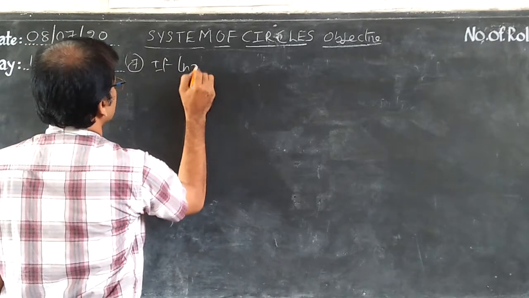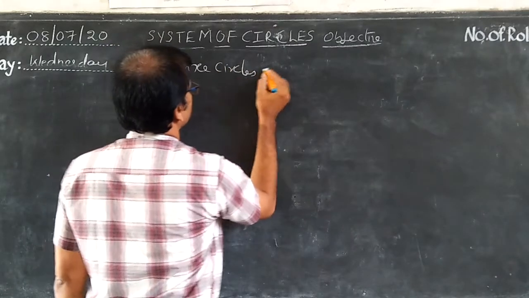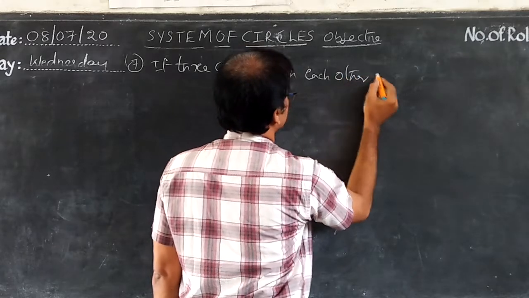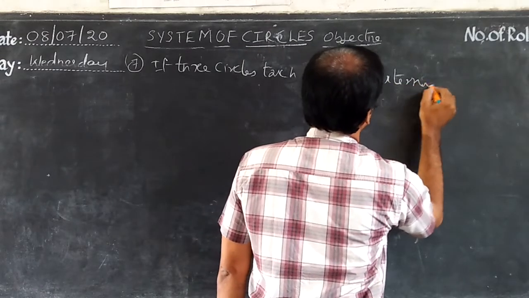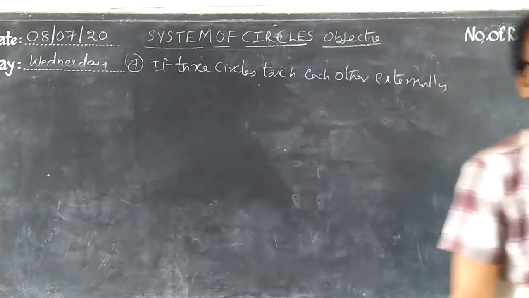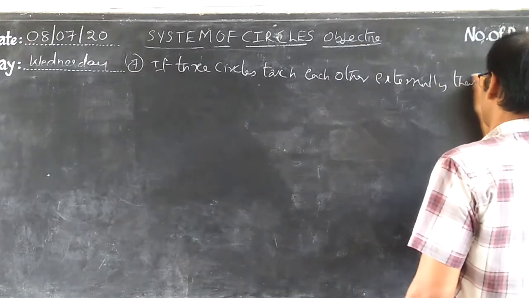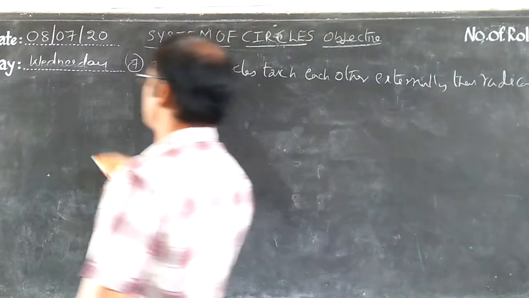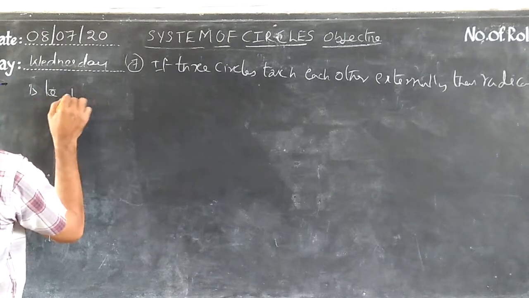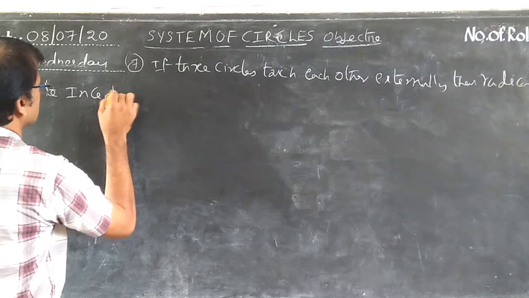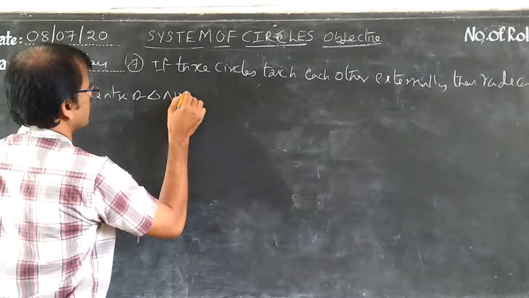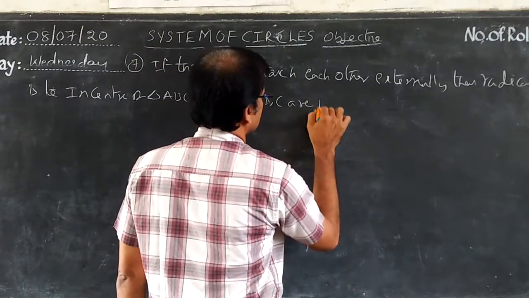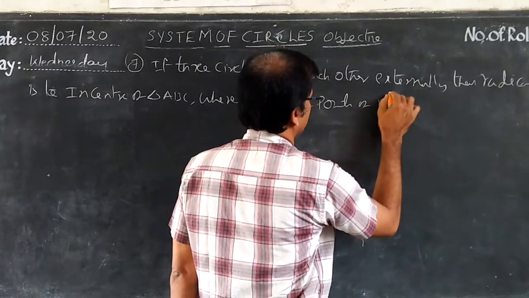If three circles touch each other externally, then the radical center is the incenter of triangle ABC, where A, B, C are points of intersection of circles.